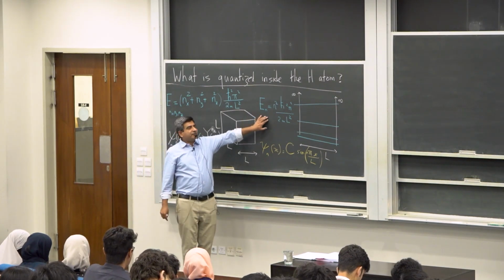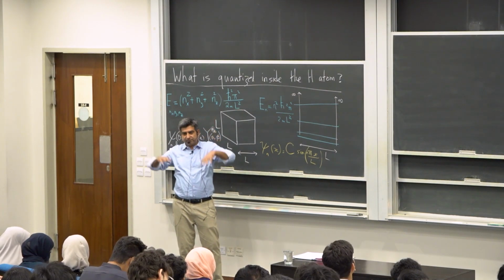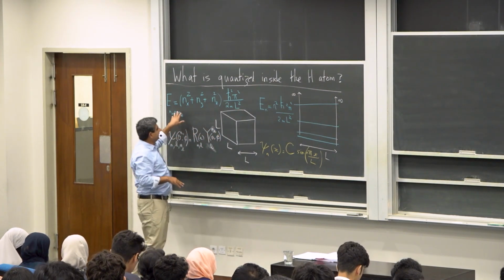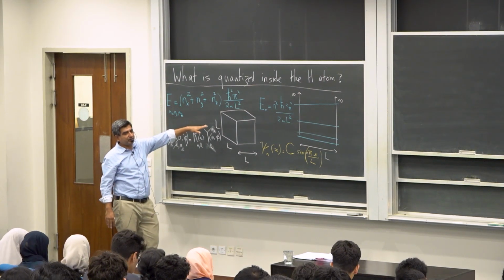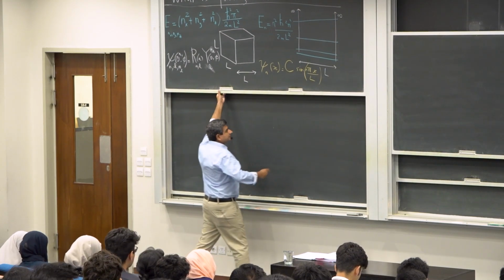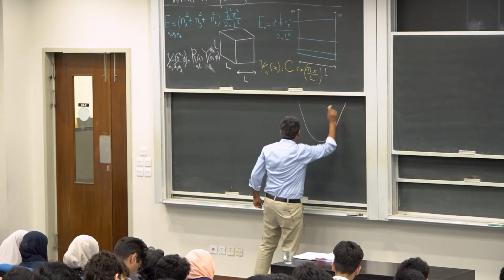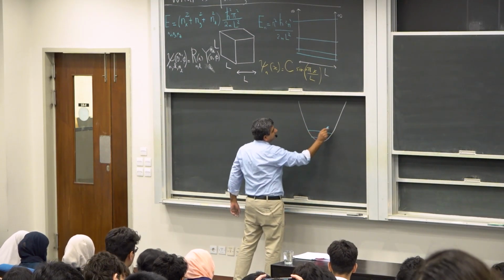So in the 1D infinite well, n quantifies the energy of the energy level. In this 3D infinite well, nx, ny, and nz quantify the energy. In a harmonic oscillator, which goes like this is the potential energy for a harmonic oscillator, the levels are equally spaced.